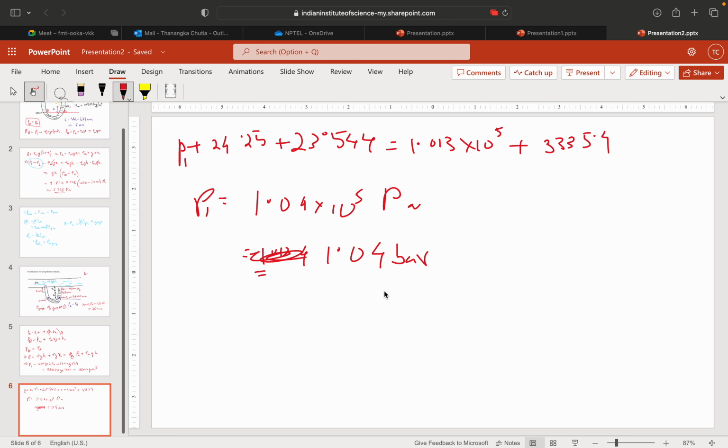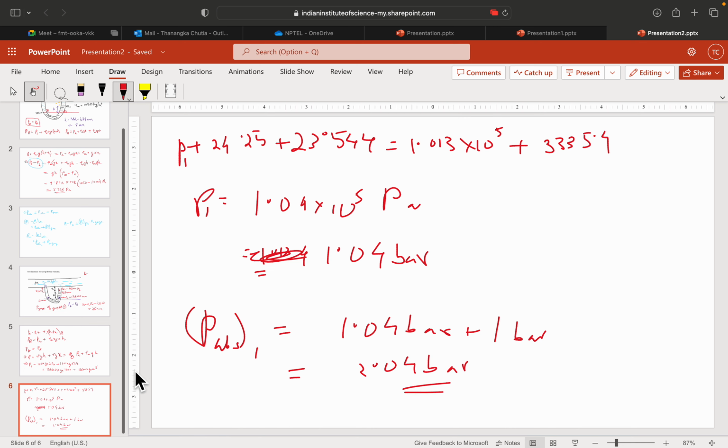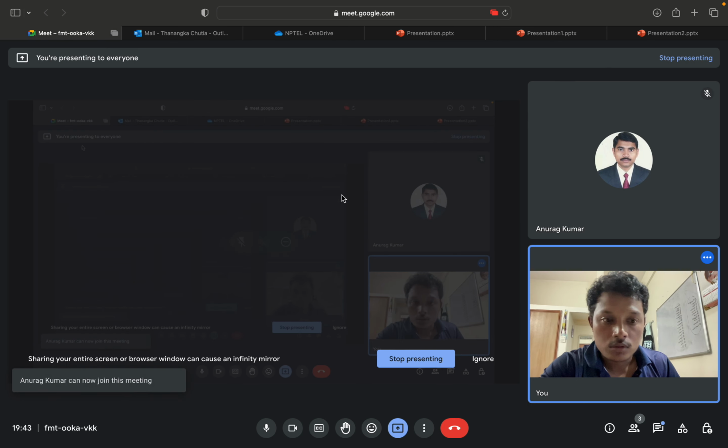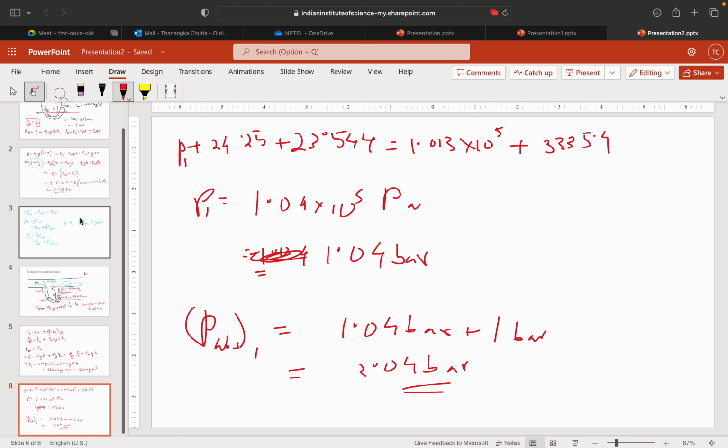Now this is your gauge pressure. If you want your absolute pressure at point 1, that will be 1.04 bar plus 1 bar, which equals 2.04 bar.